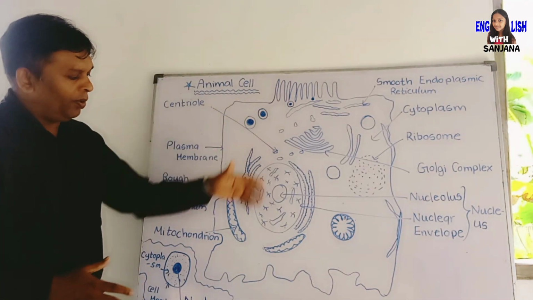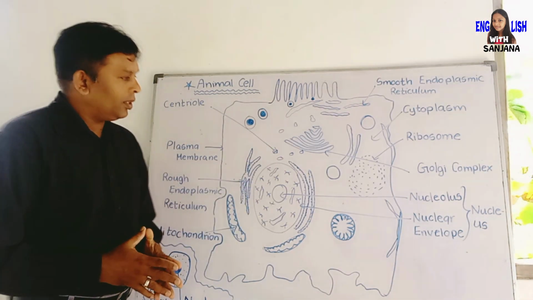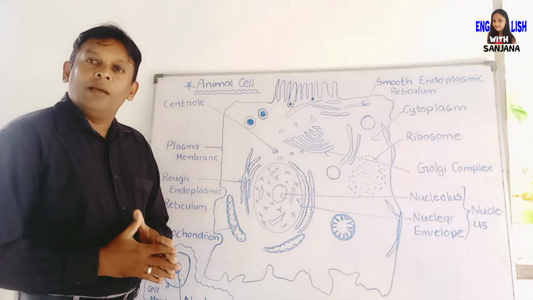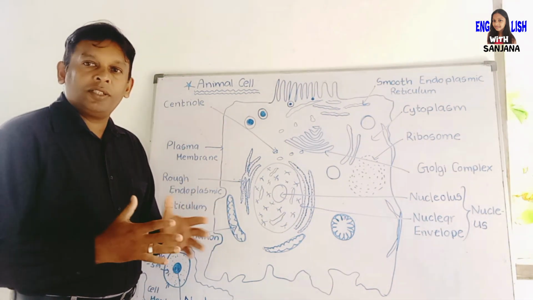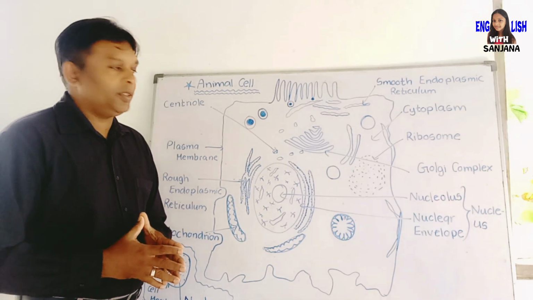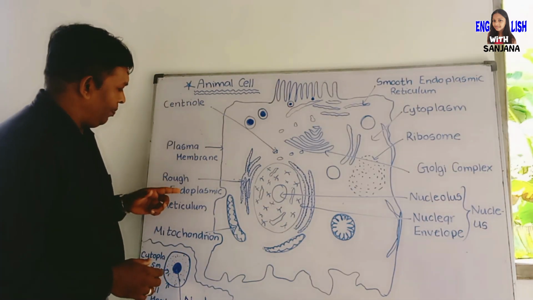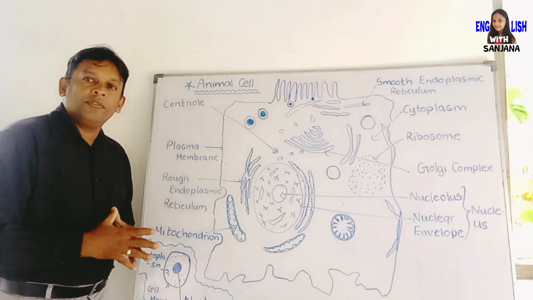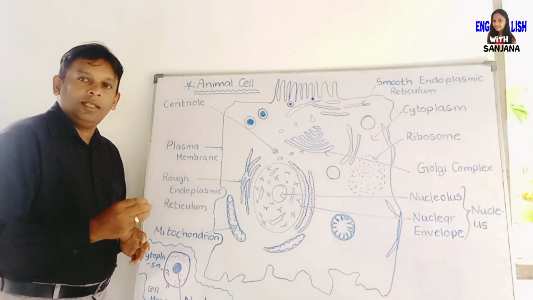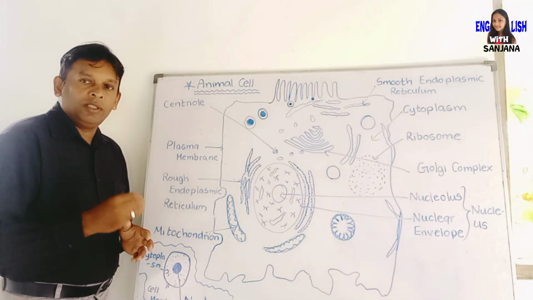Right, it's important to have a look at this diagram. This is an electron microscopic section of a typical animal cell. I will start from here. The main organelle of the animal cell is the nucleus. Actually, the nucleus is very important.